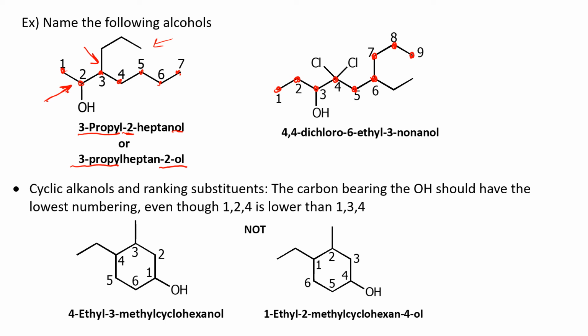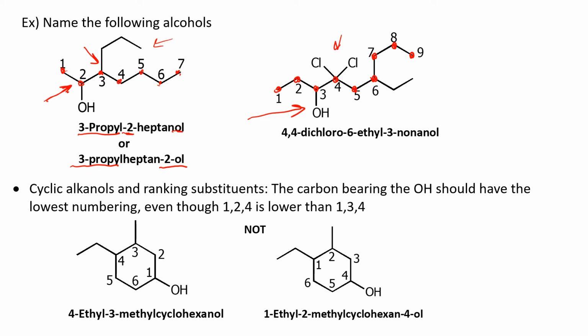Now we want to start numbering this chain, giving our first substituent the lowest possible number. And then we also have the rule that we want to give the alcohol the lowest possible number, because that's a priority. So, numbering this way, we get our alcohol at the 3 position. So that's going to be a 3-ol.